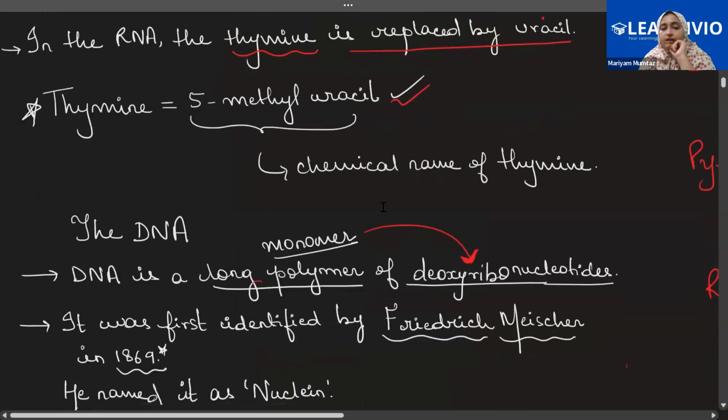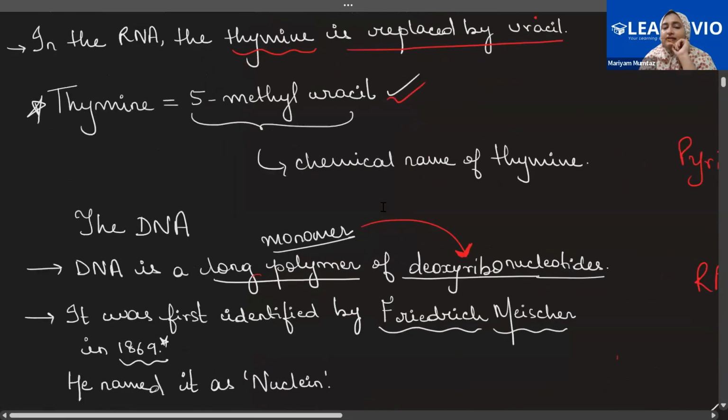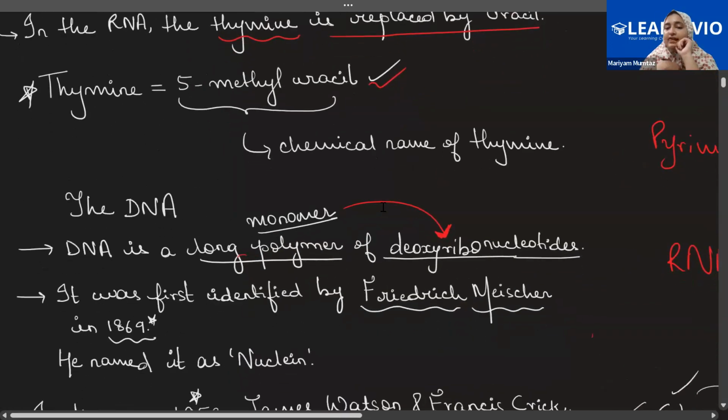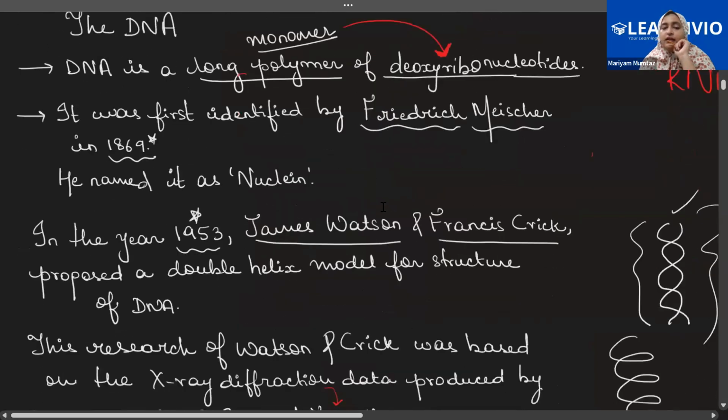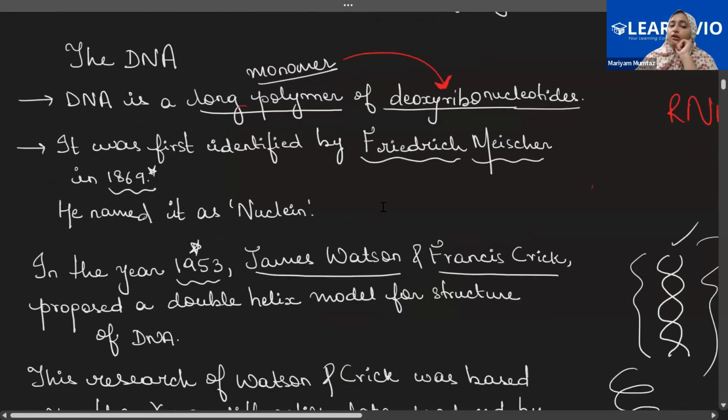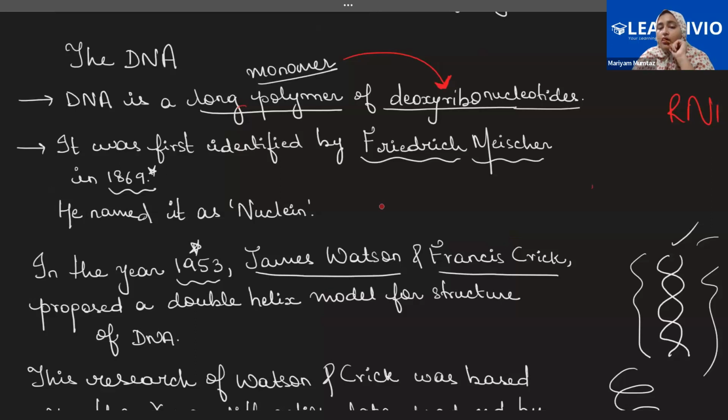Now, the chemical name of thymine is 5-methyl uracil. This is just extra additional information. Now talking about the DNA. DNA is a very long polymer of deoxyribonucleotides. Meaning when many deoxyribonucleotides come together, they form a DNA molecule.